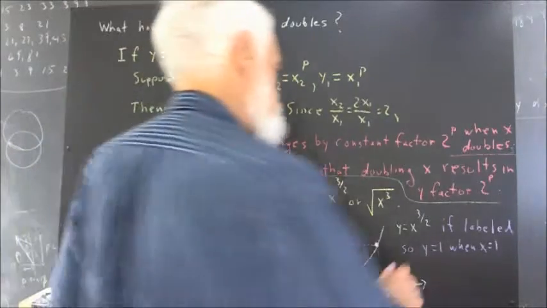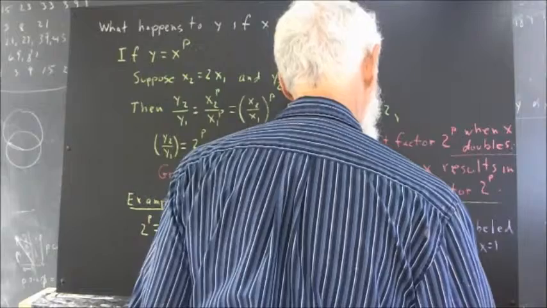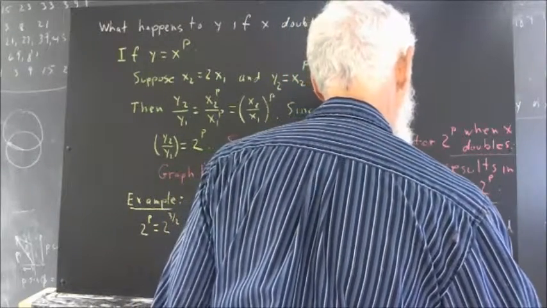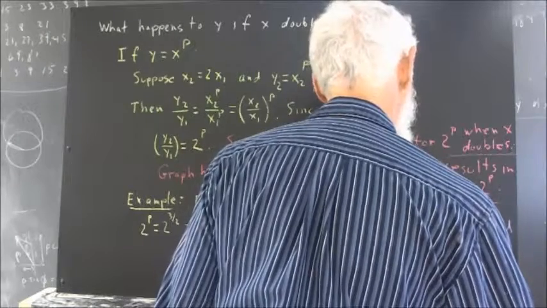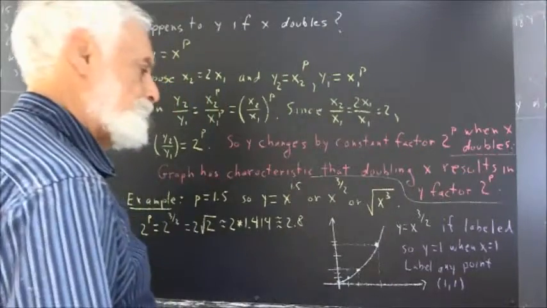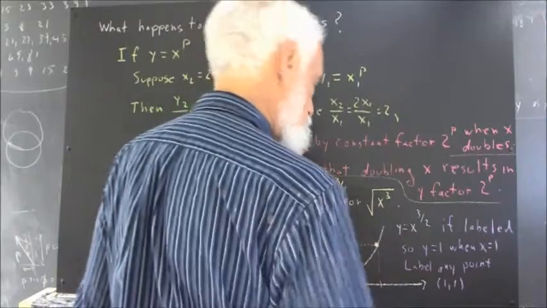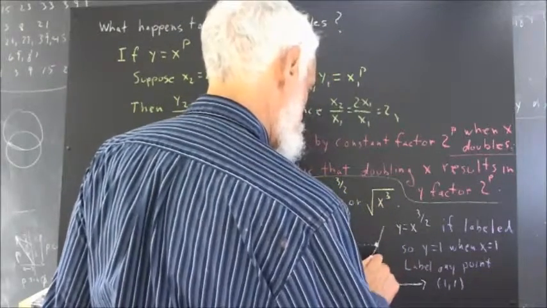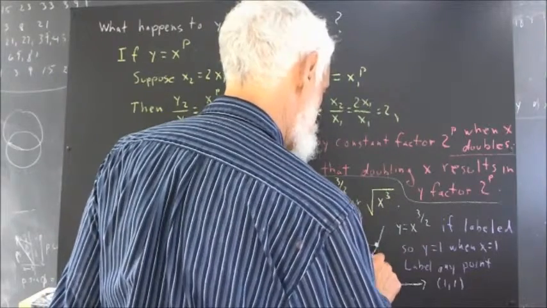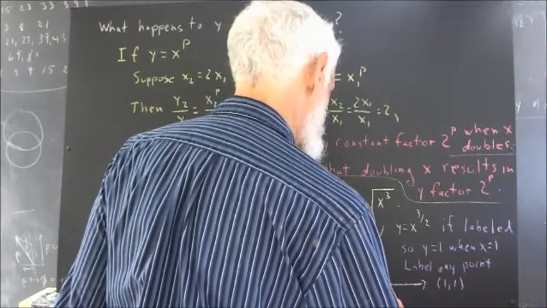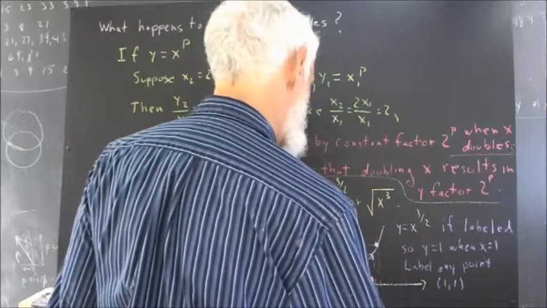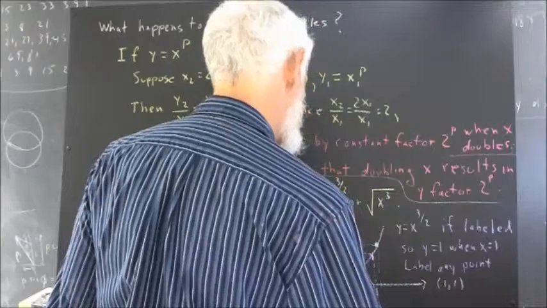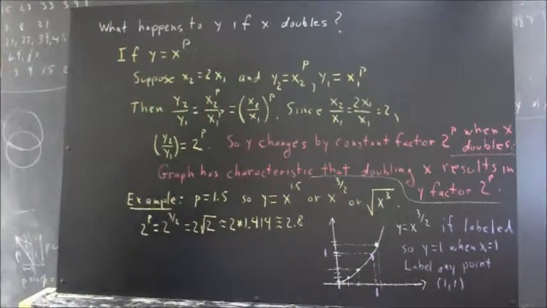So label any point 1, 1. Any point on the curve, of course. So I'm going to pick this point. So x is going to equal 1 here. And y equals 1 here.